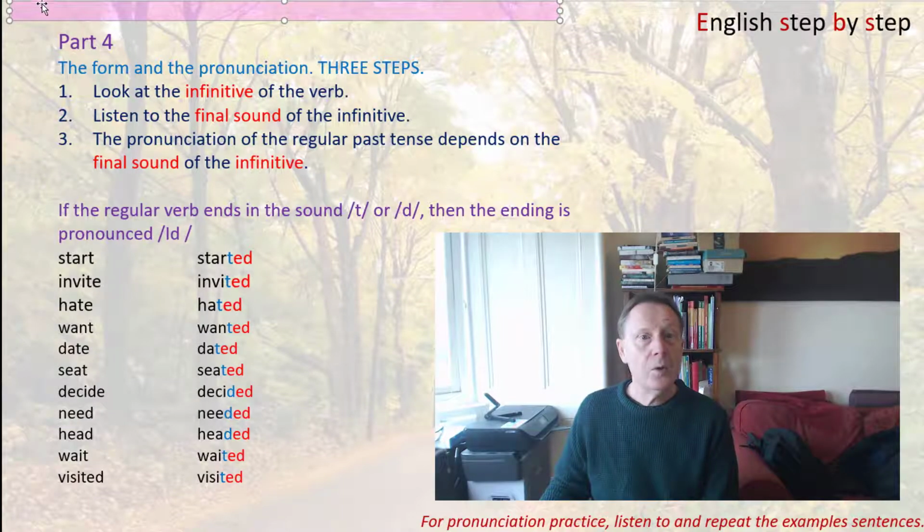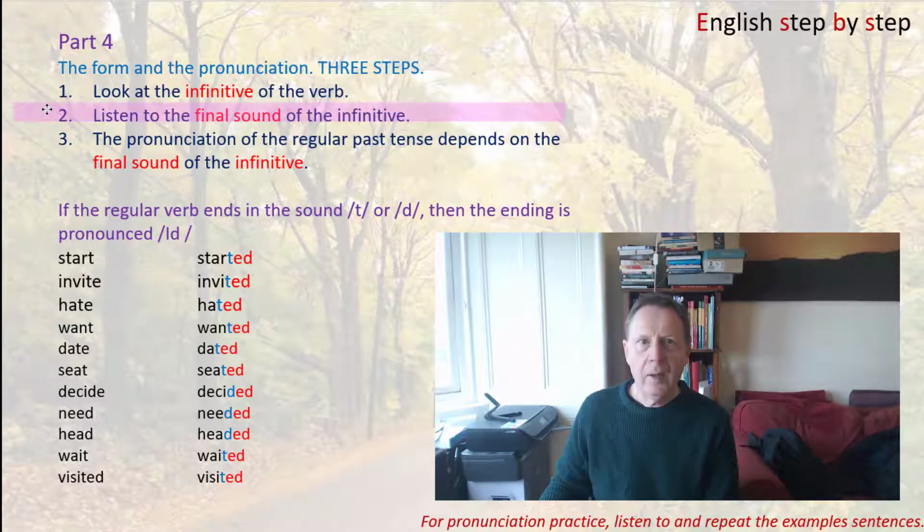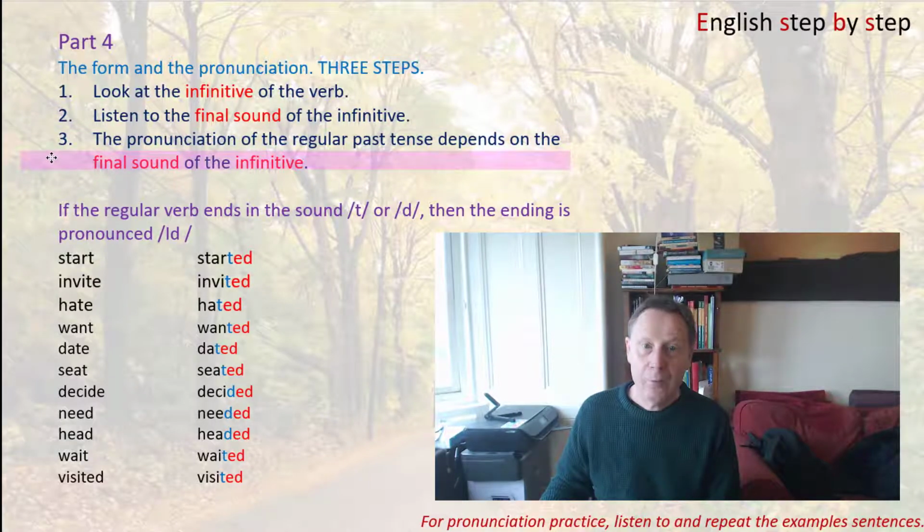So here are the 3 steps again. Look at the infinitive of the verb, listen to the final sound of the infinitive, and the pronunciation of the regular past tense depends on the final sound of the infinitive. So here's the first rule again. If the regular verb ends in the sound t or d, then the ending is id.